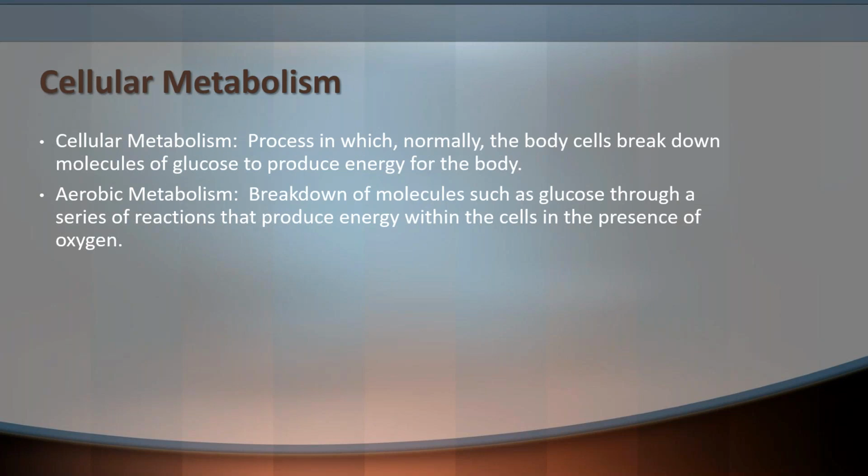The body's going to metabolize the oxygen and that glucose molecule, and as a result, we are going to create a very efficient amount of ATP or energy. That is the end game of metabolism, is creating an adequate amount of ATP. Now, as a result of this procedure, we are going to create some waste. So we are going to create waste in the form of carbon dioxide and some other components.